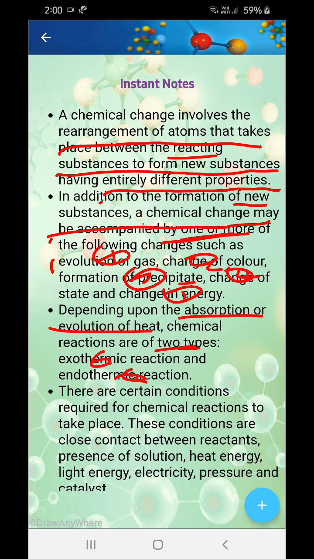There are certain conditions required for chemical reactions to take place. These are contact between the reactants, being within a solution, heat energy, light energy, electricity, pressure and the catalyst.